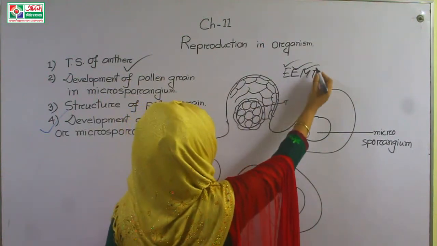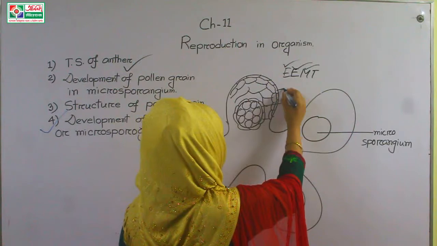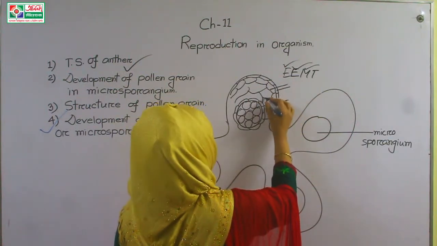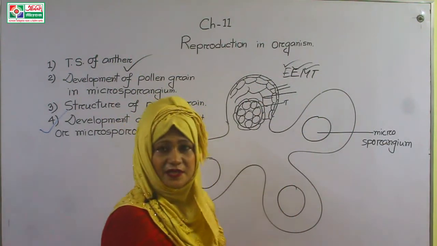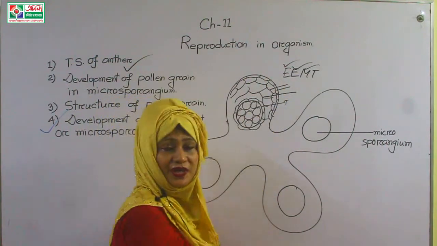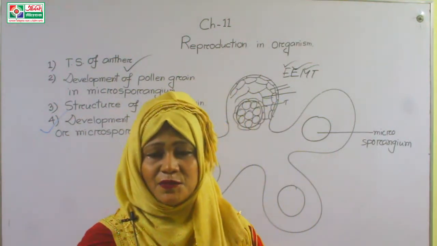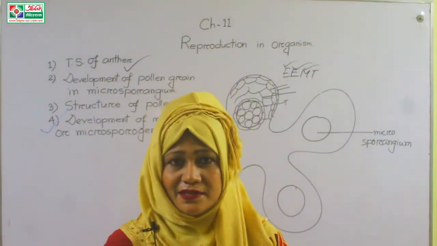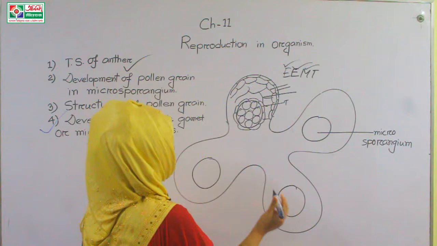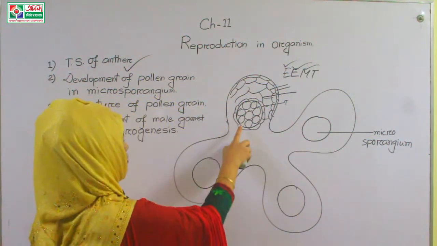And after that, T means tapetum. So, epidermis, endothecium, middle layer and tapetum. Tapetum provides nourishment, and these 3 layers help in the splitting, that means dehiscence. Okay. Now I will draw what happens inside the Microsporangium.